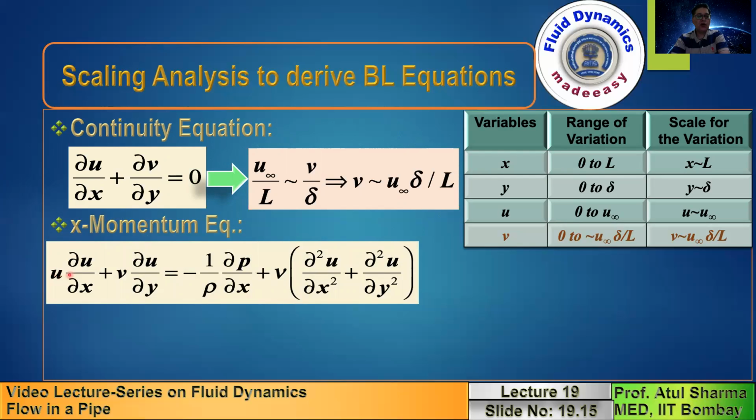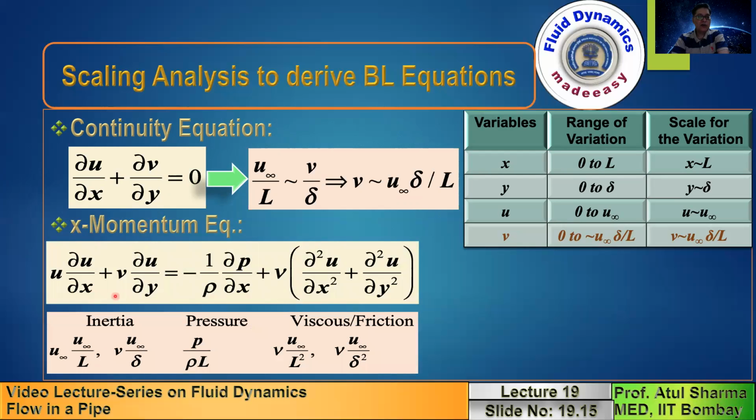The order of u del u by del x: the order of u is u infinity, and the order of del u by del x is u infinity by L. Right now I'm writing v as v. The order of del u by del y is u infinity by delta. If you substitute v equals u infinity delta by L, you get u infinity square by L, which is the same as the order of the first term. So the inertial term is of the order of u infinity square by L.